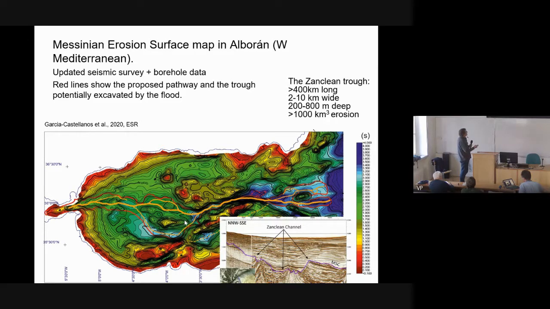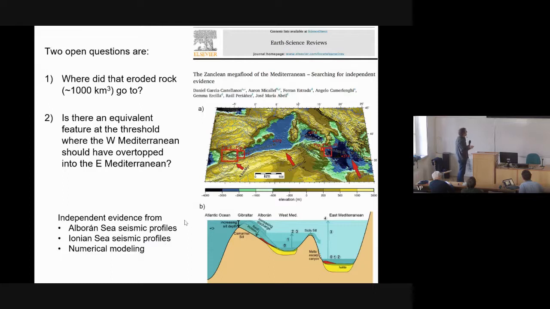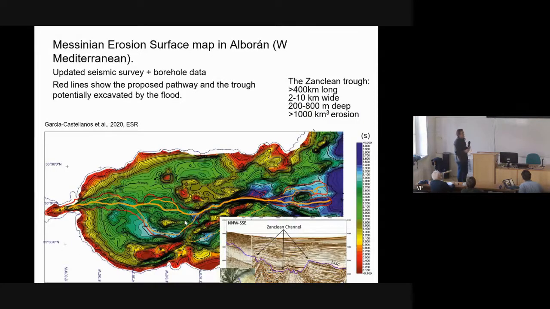Then the first evidence is this one, what you see here, this erosion trough that, as I say, crosses the Gibraltar Strait. But then more recently we were looking for additional evidence that could test this independently. And the common question is what happened to all this sediment that I was just mentioning.